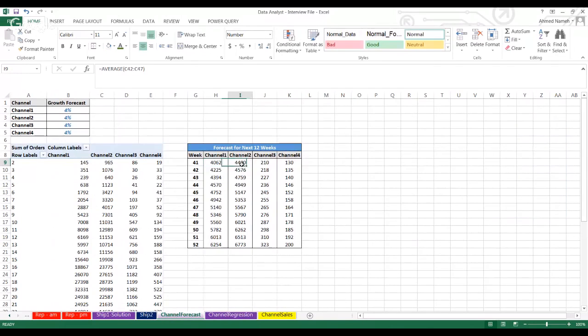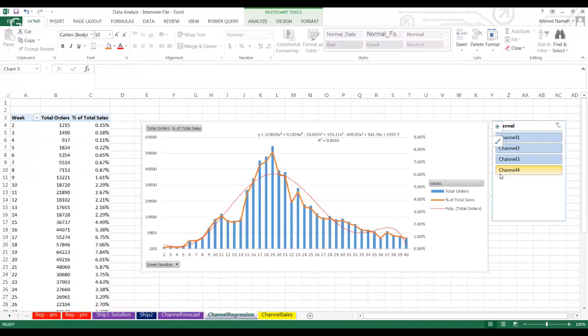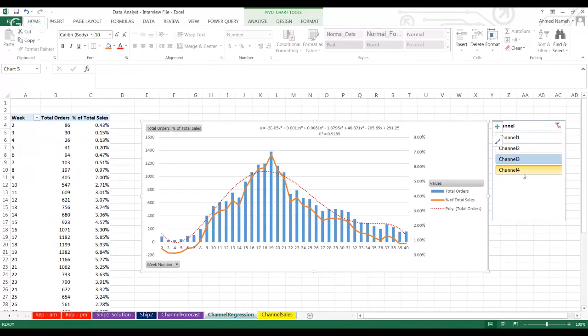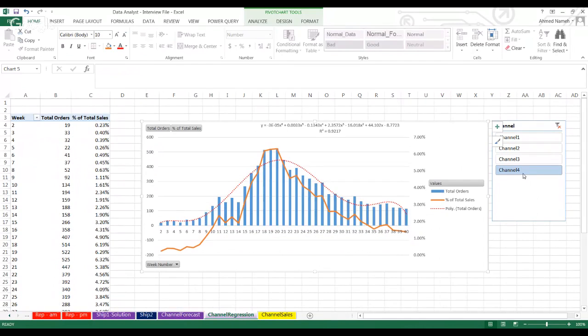So how did I forecast out channels 2, 3, and 4? I essentially used the exact same method that was used for channel 1. Based on the information that I have, as I said at the onset of this exercise, all 4 channels follow a very similar sales trend.